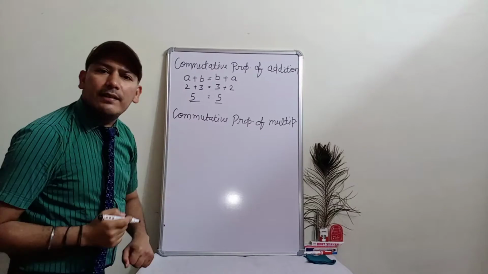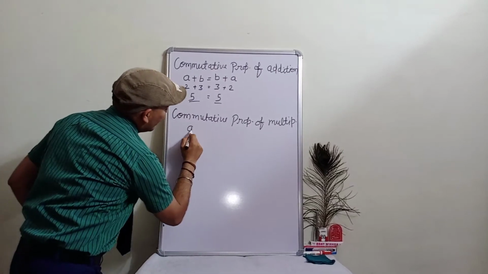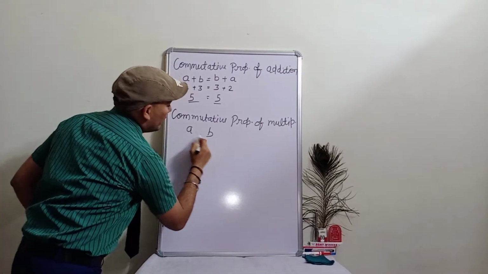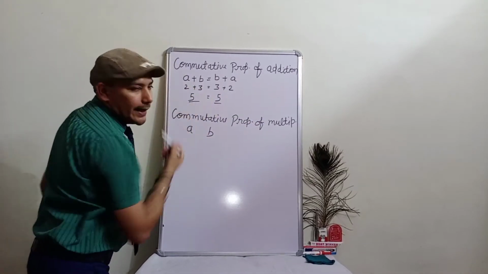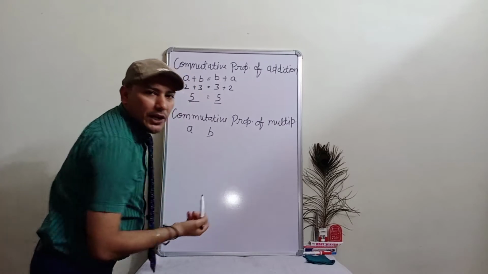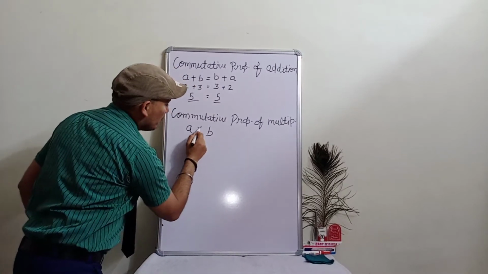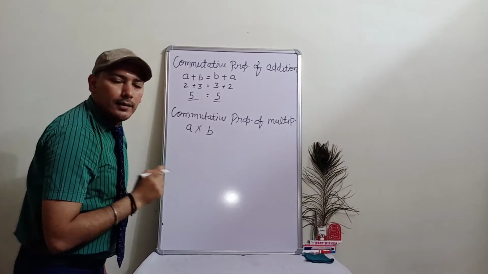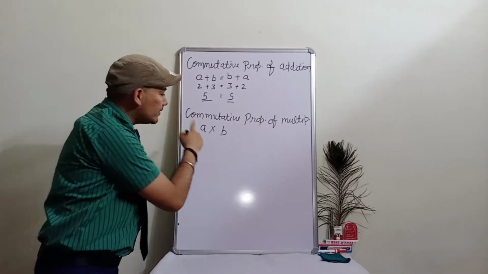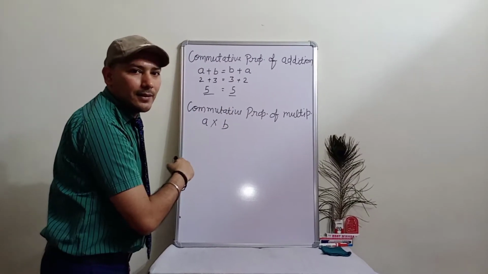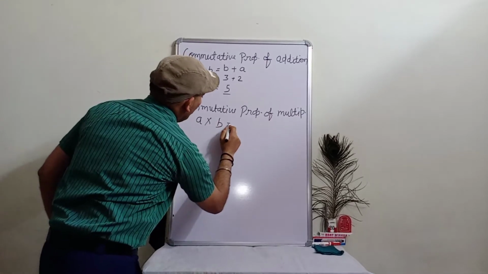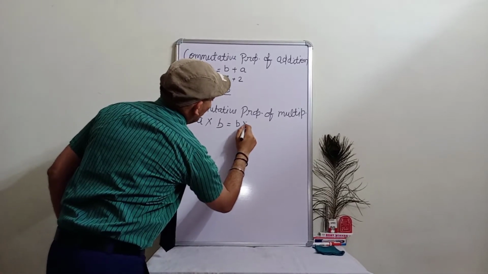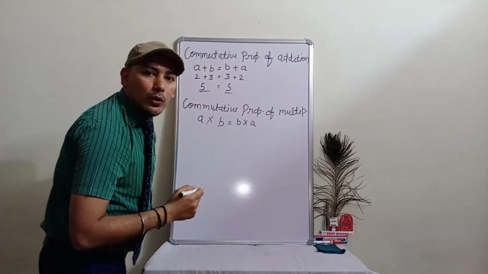There are also two integers, one is A and one is B. Here, in the property of addition, we add. Here, in the property of multiplication, we multiply. Same property. If we change the order of integers, then the answer will be the same. So A into B is equal to B into A.